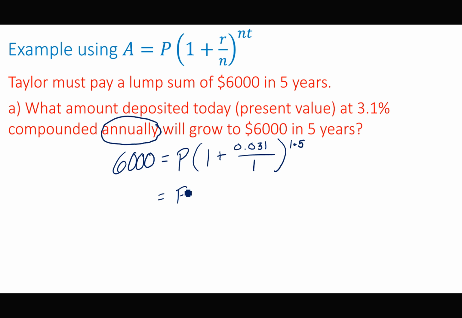All right, so this is really P times 1 plus 0.031, which would just be 1.031 raised to the 5th power. This is still equal to 6,000.